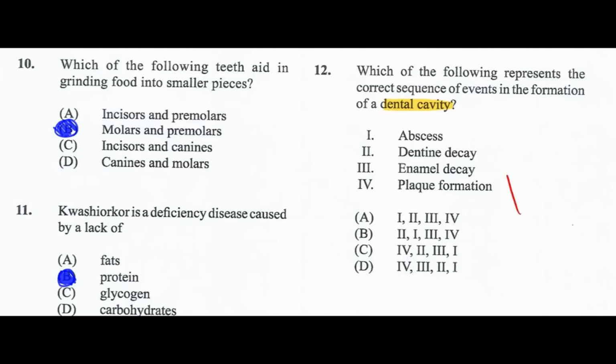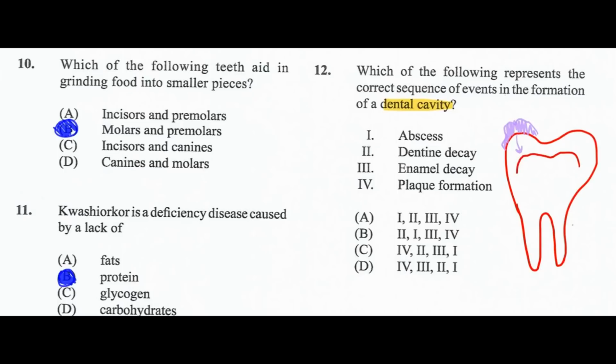So let's say, forgive me if my tooth isn't drawn properly, I'm doing my best. Okay, so that's your tooth. First you most likely have the buildup of plaque on it. And this will cause the burring of the enamel, which is the topmost part of your tooth. Once you get down to that, you get into the dentine, past that into the cement, and then into the pulp cavity where the nerves are.